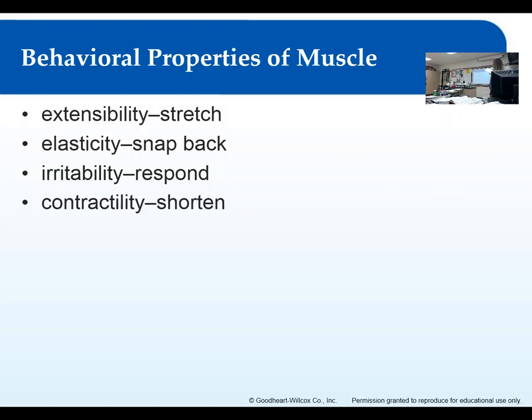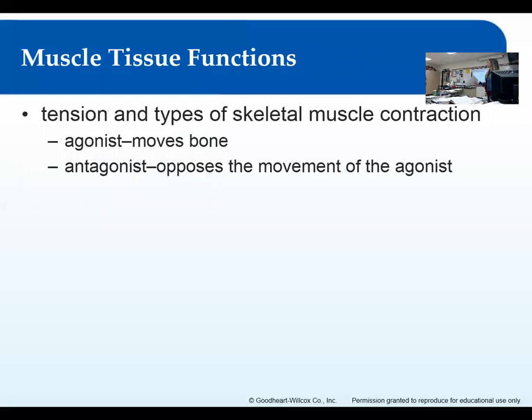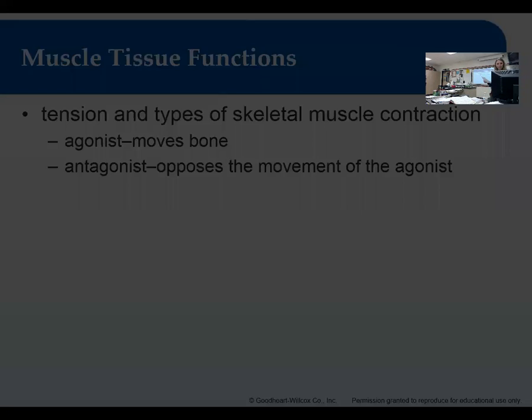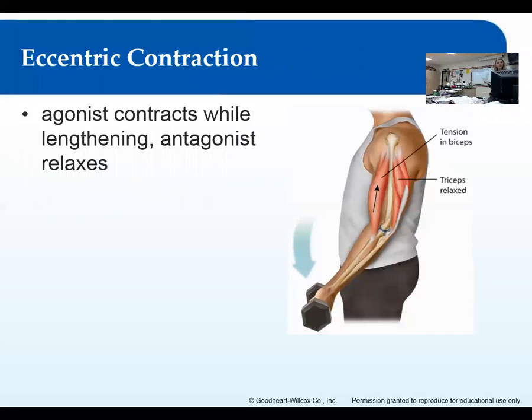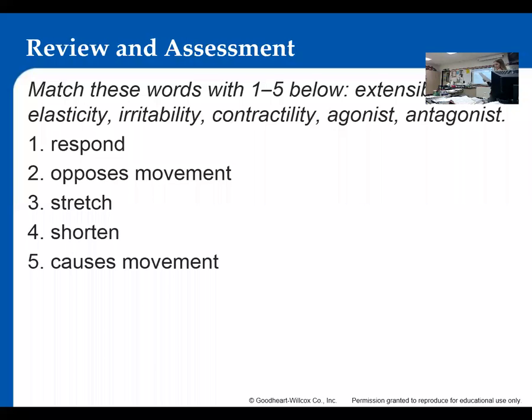So the four behavioral properties, like we just talked about: extensibility is its ability to be stretched, and elasticity is its ability to move back to the normal spot. Irritability is its ability to respond to nervous impulses so that they can contract, and then, of course, contractility is their ability to contract, to shorten.